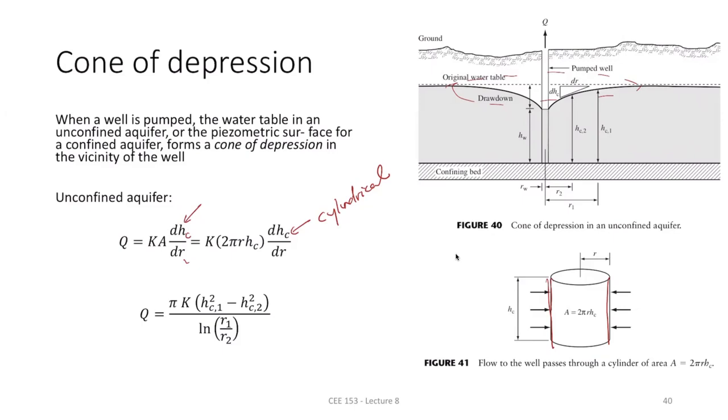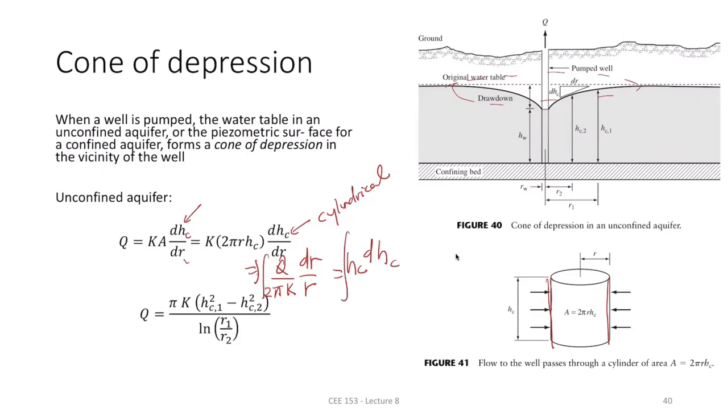Let's separate variables: dr by r equals, with Q here, you can bring the 2 pi K, so dhc times hc. Then you can integrate it.